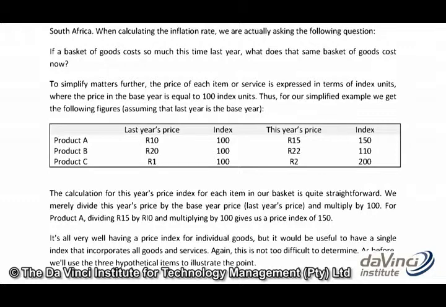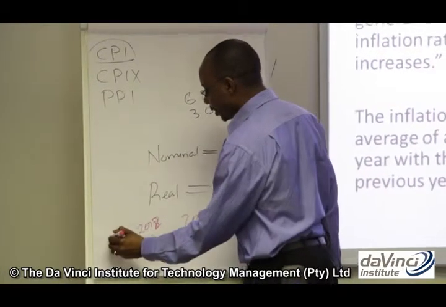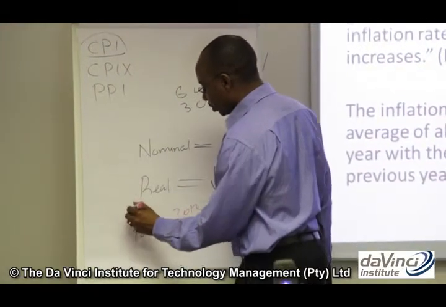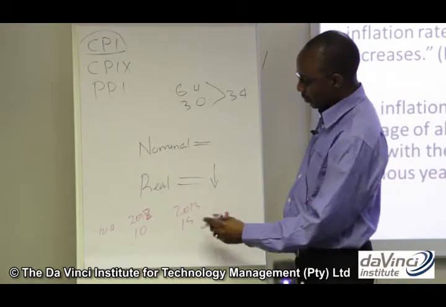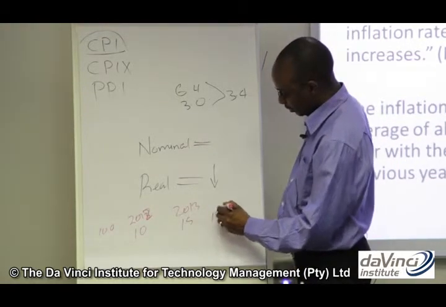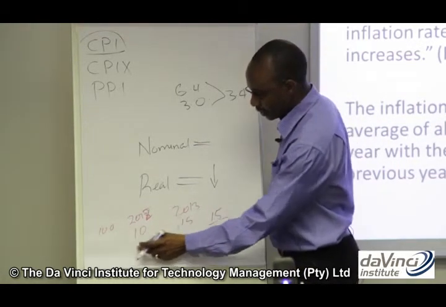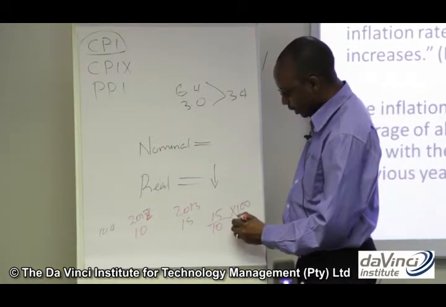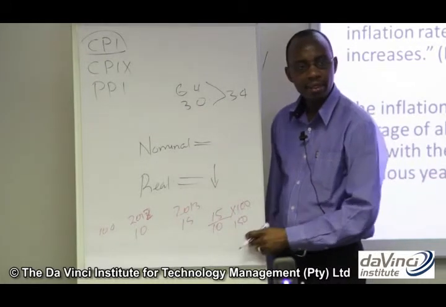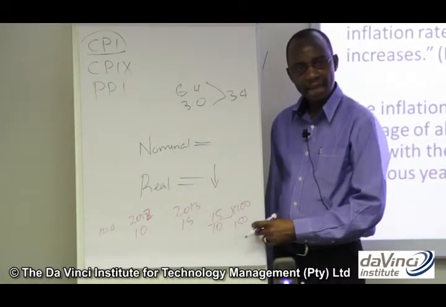So if this is our base, 2012, then the index in 2012 would be 100. What is the index for this year? You take this year's price, 15, divide by last year's price, which is 10, and multiply by 100. Then you get 150.